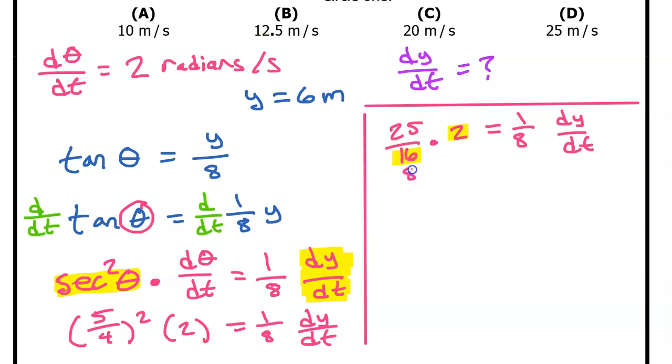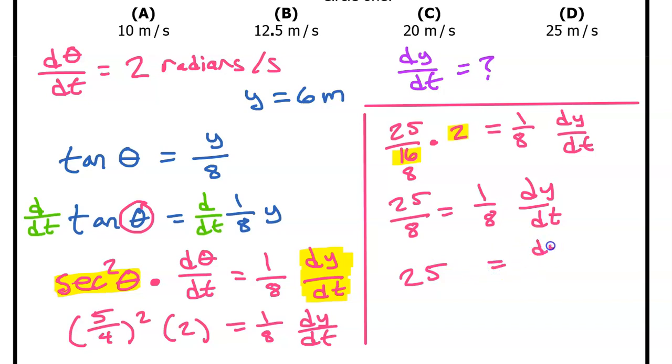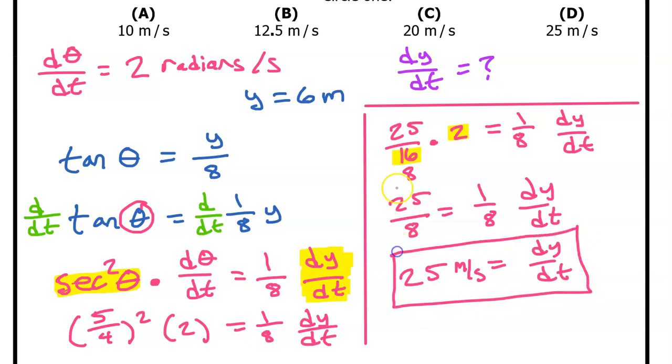So this is going to now become an 8. So I have 25 over 8 is equal to 1/8 dy/dt. If I multiply both sides by 8, these 8s are going to cancel out. So I'm going to be left with 25 is equal to dy/dt, and I'm just leaving space for the units, meters per second. So this is the final answer, and the answer is D.